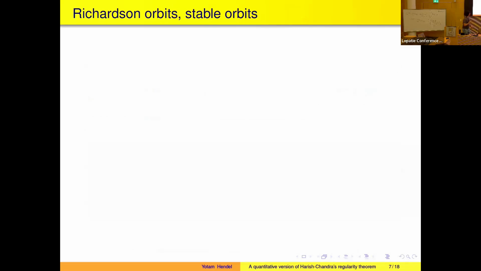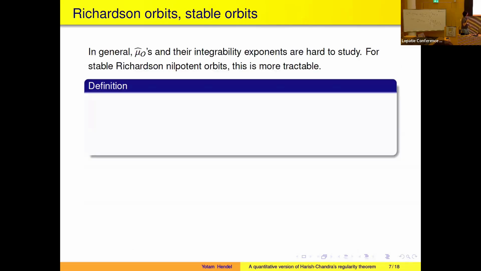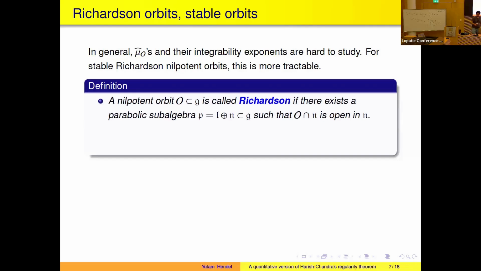No, seems good. Okay, so in general, these mu hats can be complicated, but one class which is relatively nicely behaved is the class of stable Richardson orbits. So let me recall this briefly. I say that a nilpotent orbit is Richardson if there exists some parabolic subalgebra in the Lie algebra such that this orbit intersects its radical in an open set.